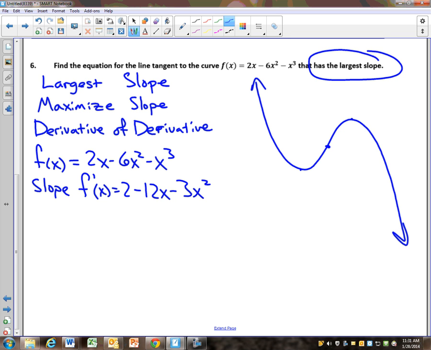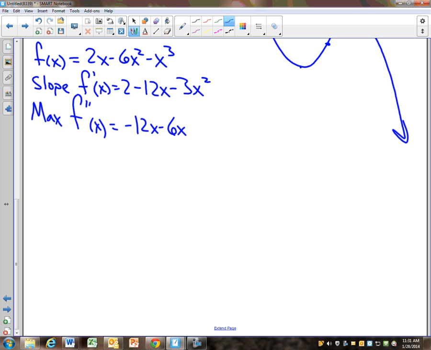And in order to maximize the slope, the f double prime, so we will be able to maximize the slope.